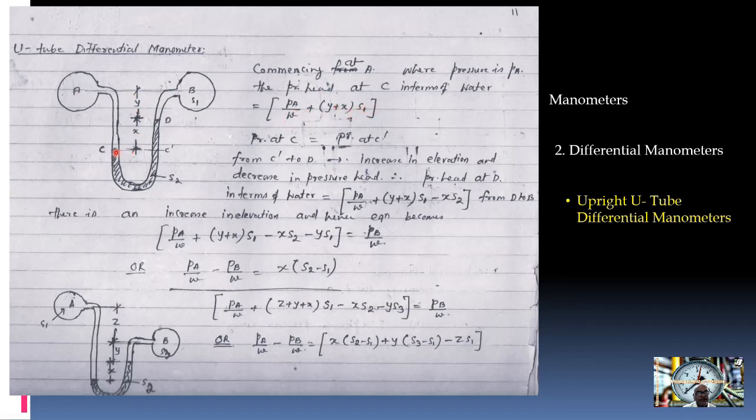Now pressure at C is equal to pressure at C dash. Then from C dash we will go up. Then increase in elevation and decrease in the pressure head.